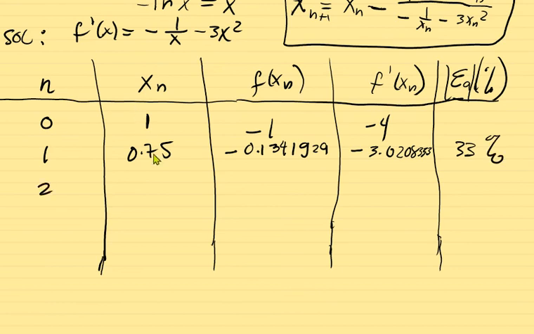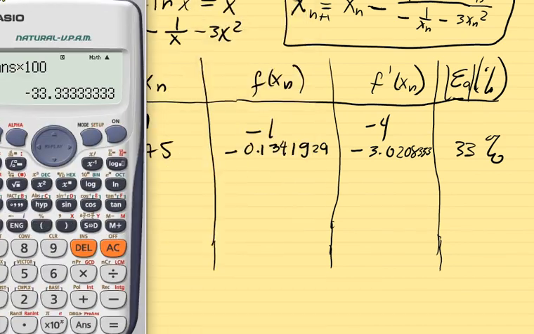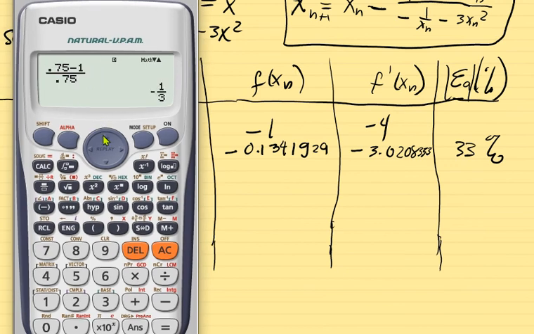So when n is equal to 2, so x2, we go again to our calculator. We input the values here.